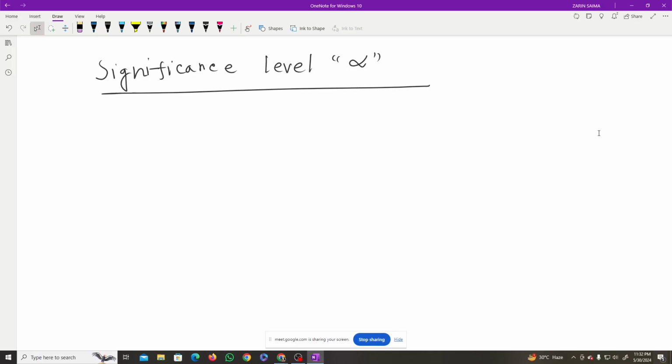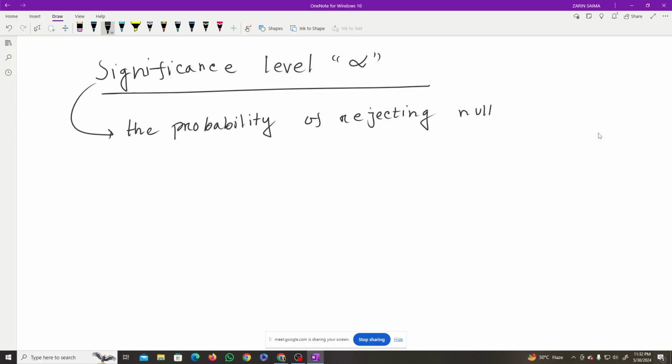It is in probability, in statistics, the significance level is known as the probability of rejecting the null hypothesis. So in simple word, this is the probability of rejecting the null hypothesis.